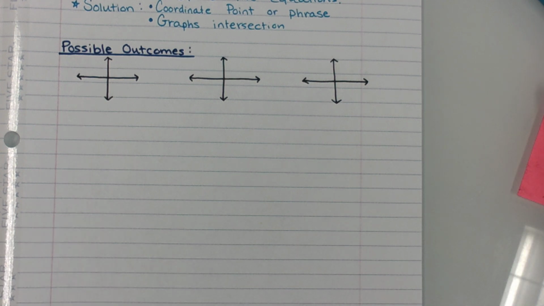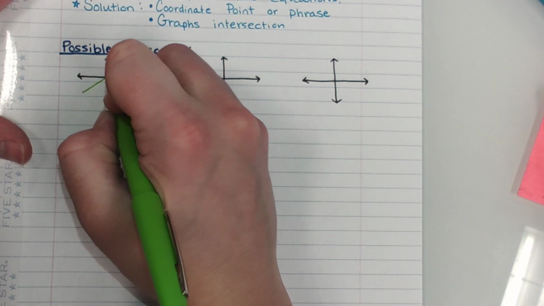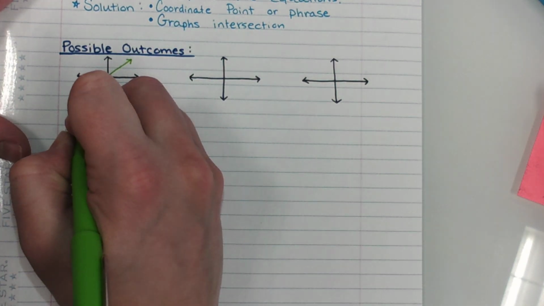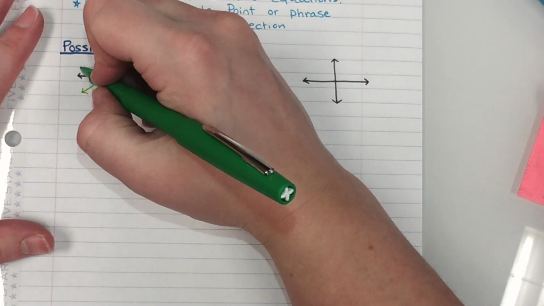Okay, so with our possible outcomes, the first setup is you're going to get something showing up similar to what I already drew on the board. And your graphs don't have to perfectly match mine for this setup. It's just trying to give us an idea of what's going on.